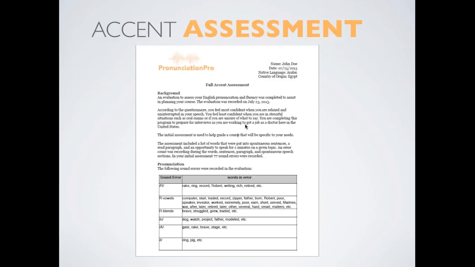Our Plus and Premier packages include an accent assessment as part of the package. So if you have a basic membership, you might want to think about doing this accent assessment in addition to your basic membership. And the accent assessment is $98.